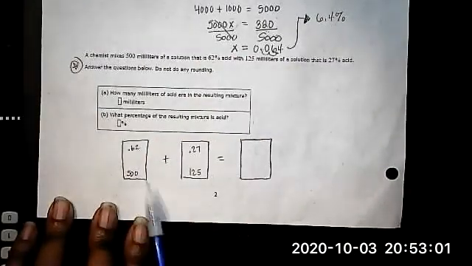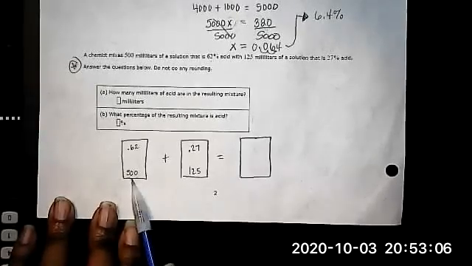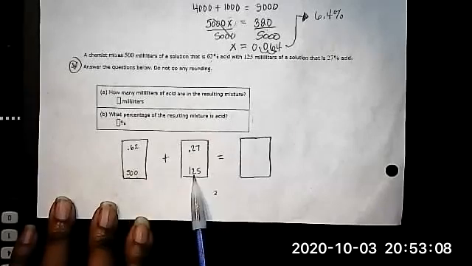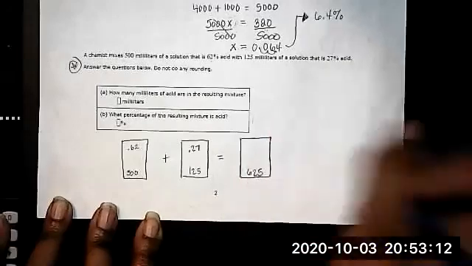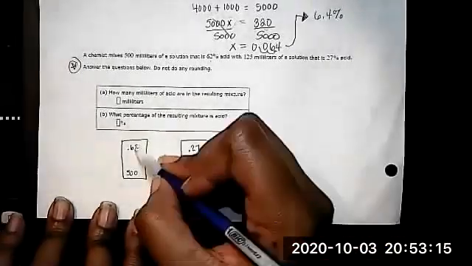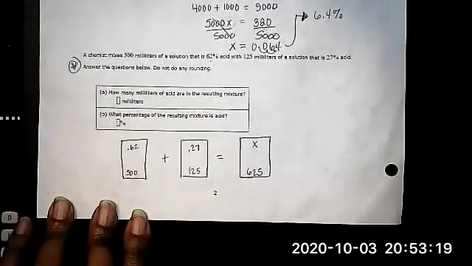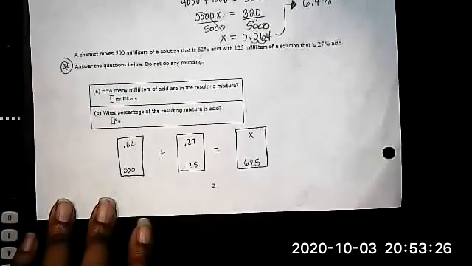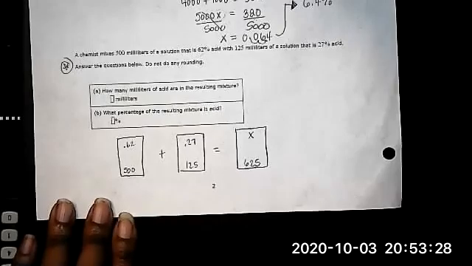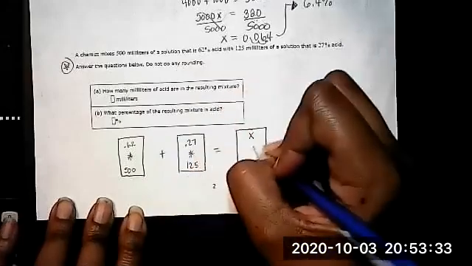So we know that the total between these two, we have 500 and 125. The total between those two would be 625. What we don't know, we can't add those two percentages together. We do not know the percentage as a result. So when you write them in these little boxes, you're always going to multiply down.